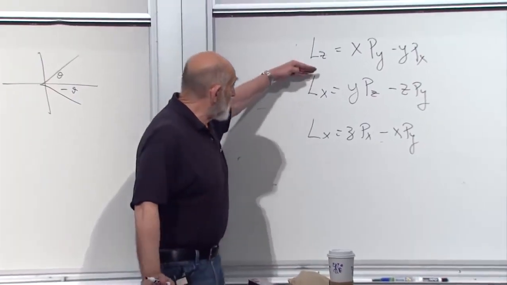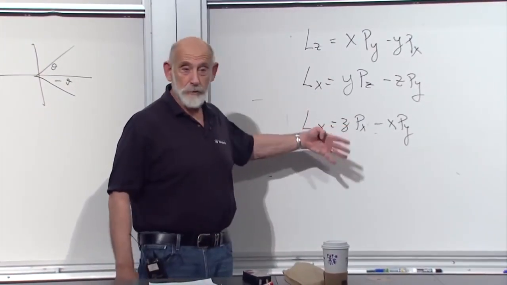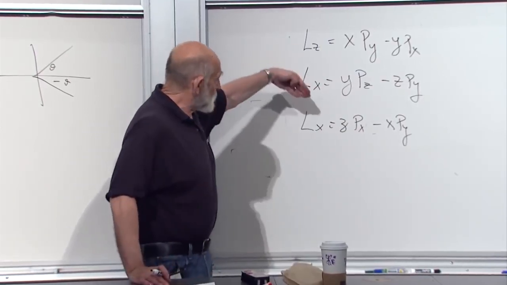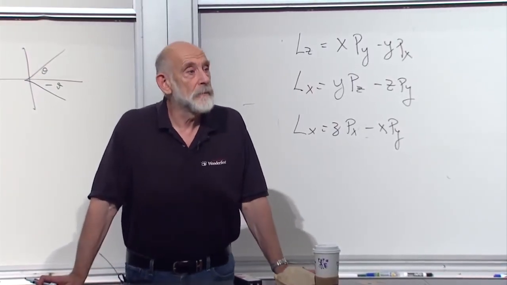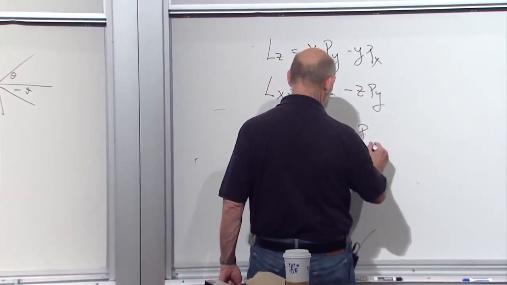These, of course, you could confirm by imagining rotations about the other axes, but just by the parallel reasoning, this is what you would get. Questions? Oh, you're right, pz. I have two different notations for z, don't I?